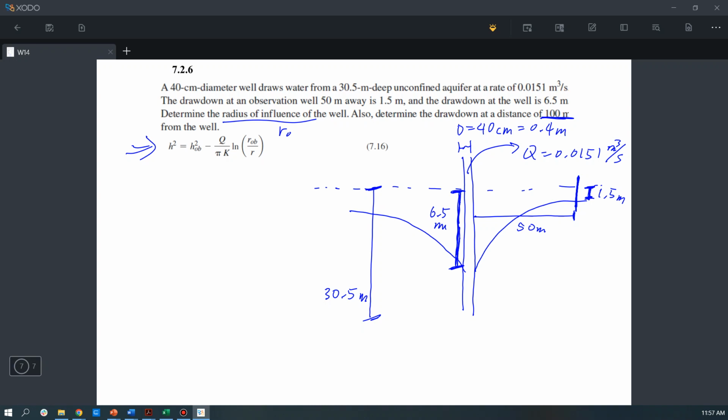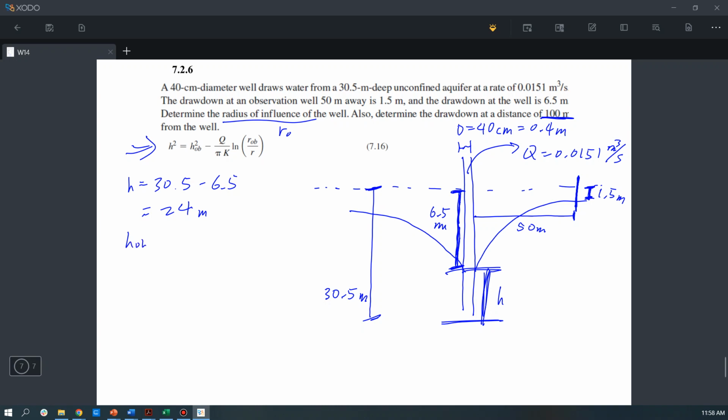Okay, so H in this case is the distance here. Okay, here is H. So we can calculate that by 30.5 minus 6.5. That is 24 meter.